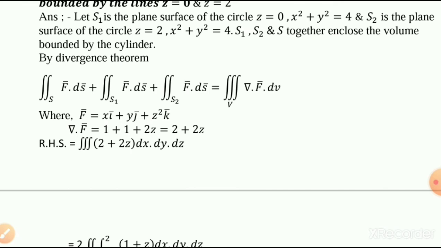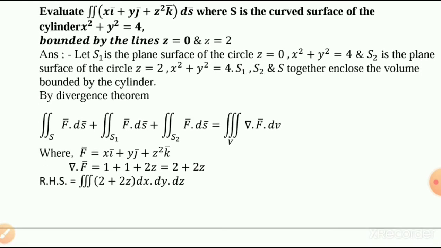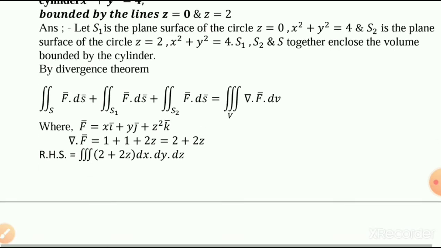Here F bar is given as x i bar plus y j bar plus z² k bar. So the divergence of F is ∂/∂x of x, ∂/∂y of y and ∂/∂z of z². The x derivative is 1, y is 1 and z² gives 2z. So that becomes 2 plus 2z. Therefore the RHS is the triple integration of (2 + 2z) dx dy dz.